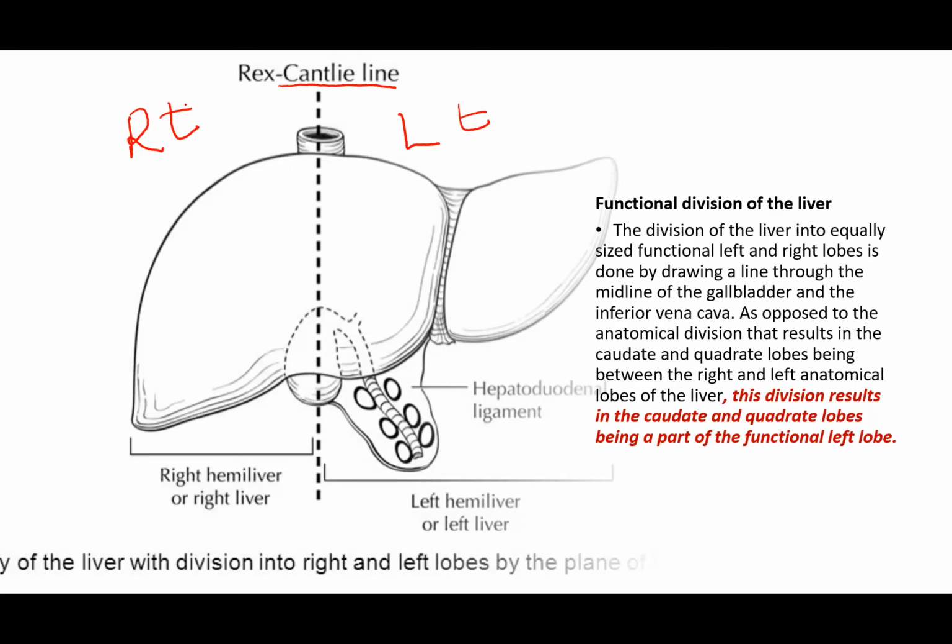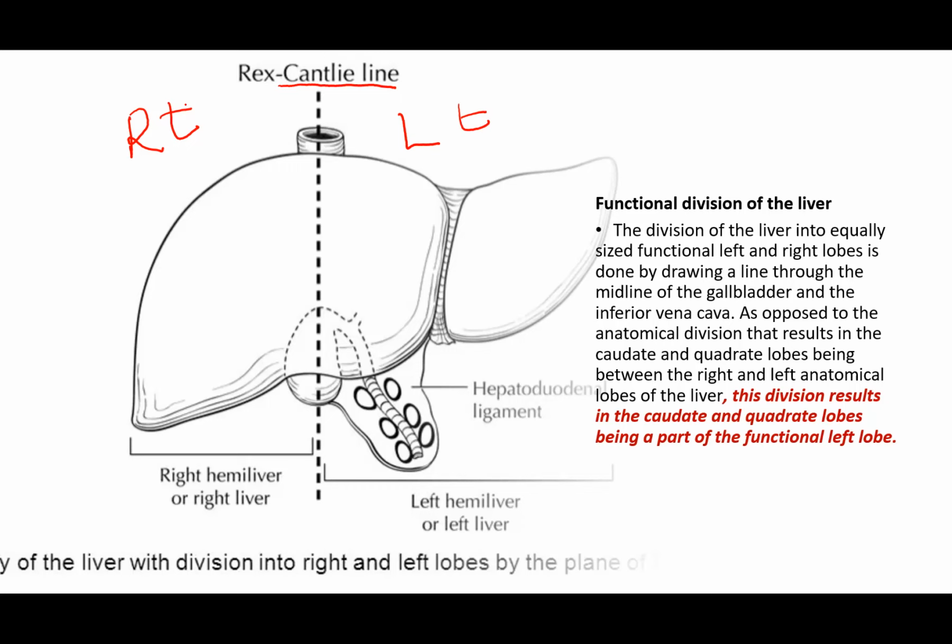This is as opposed to the anatomical division that results in caudate and quadrate lobes being between the right and the left anatomical lobes of the liver. This division results in the caudate and quadrate lobes being a part of the functional left lobe.